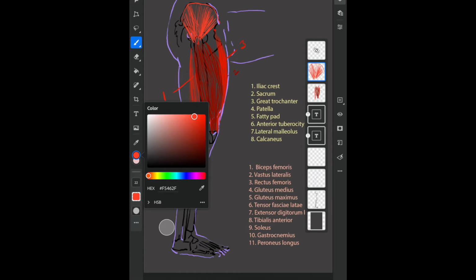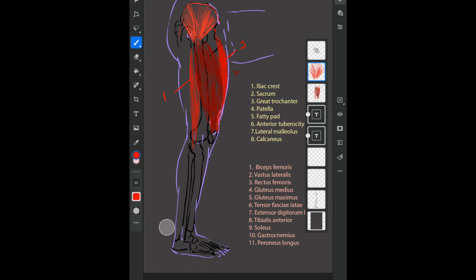And then our gluteus maximus runs all the way along the length of the sacrum here and attaches also to the trochanter this way. Like this. But another part of it attaches to the tensor fasciae latae, which we're going to talk about in just 1 second. So here is our gluteus medius, number 4, and our gluteus maximus, number 5.